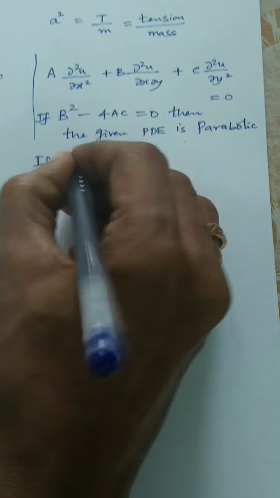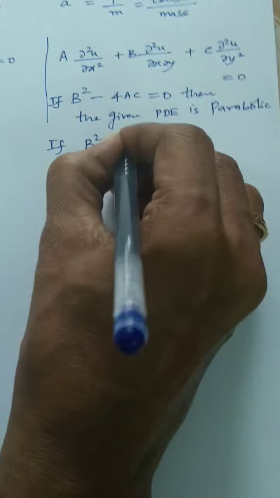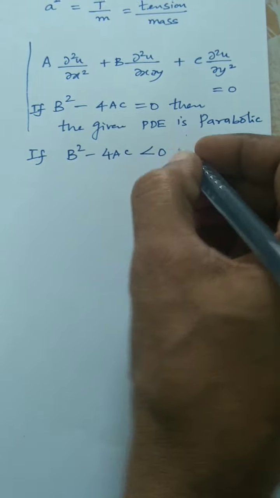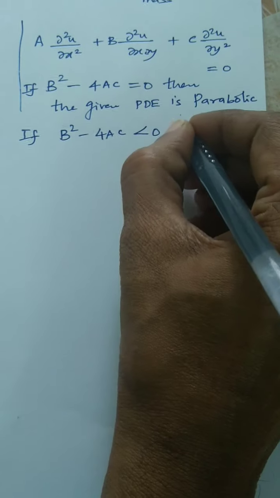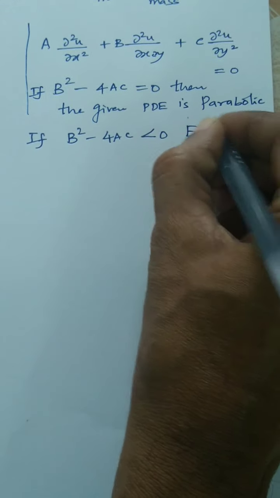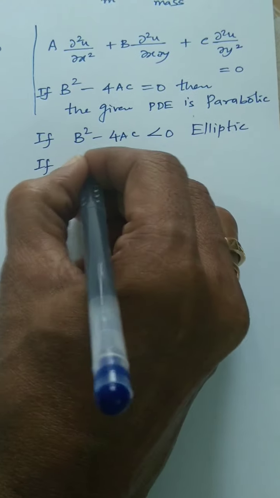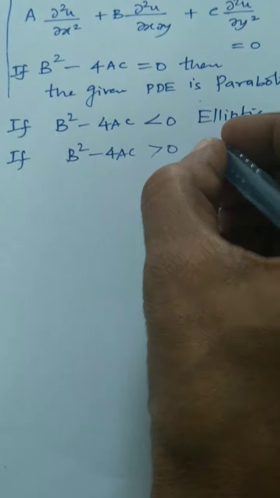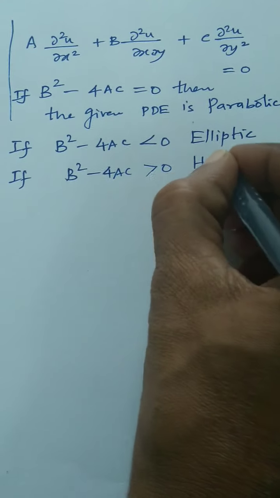If the discriminant B² − 4AC is negative, then it is elliptic. If B² − 4AC is positive, then it is hyperbolic.